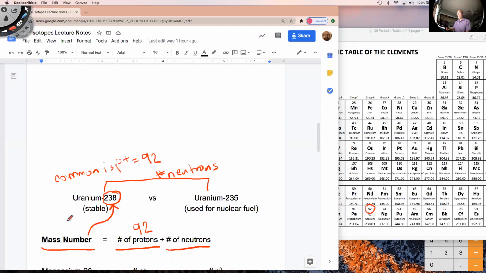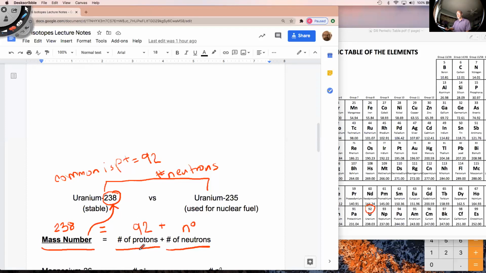Well, the mass equals 238. So the mass number equals 92 plus x, which I'll just leave as the symbol for neutrons. So let's take out our calculator.